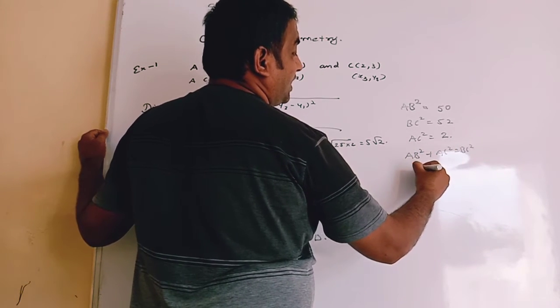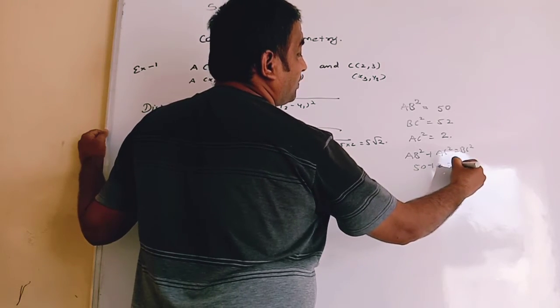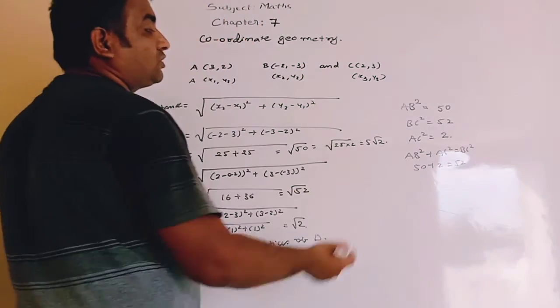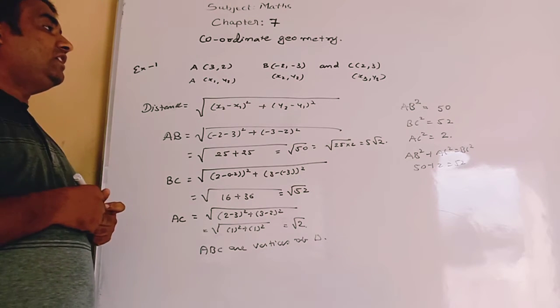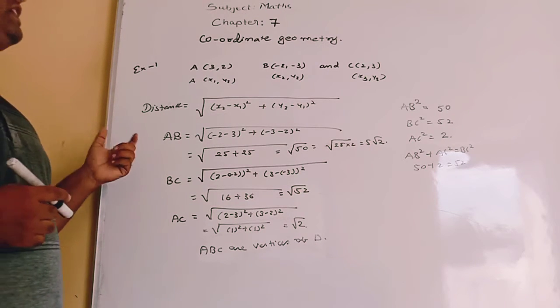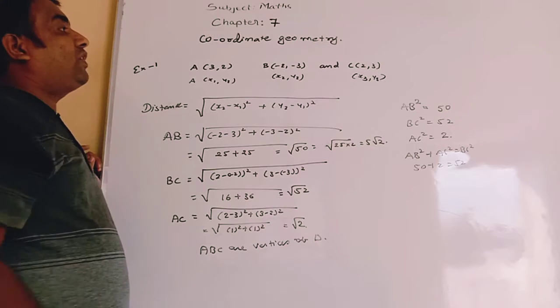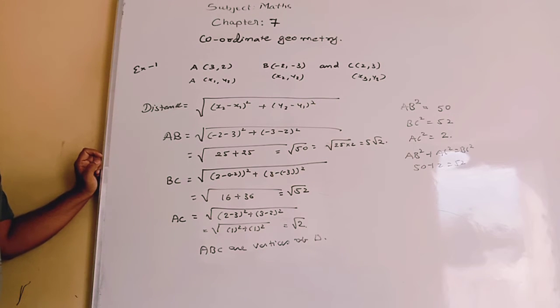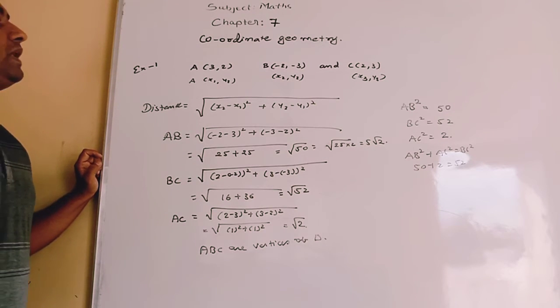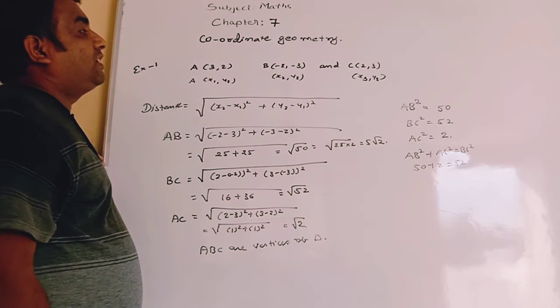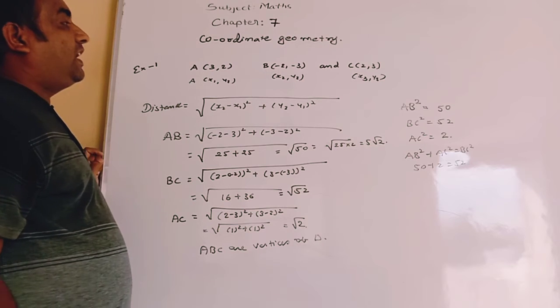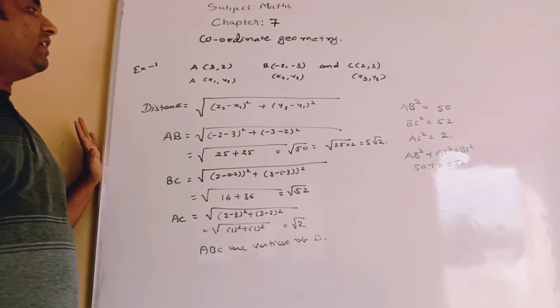So we can see that 50 plus 2 equals 52, it happens, and so they are the vertices of a right angle triangle. The short trick for finding out whether the vertices of a triangle form a right angle triangle or not: if any two points are given in which two coordinates are equal, then we can say that they are the vertices of a right angle triangle.